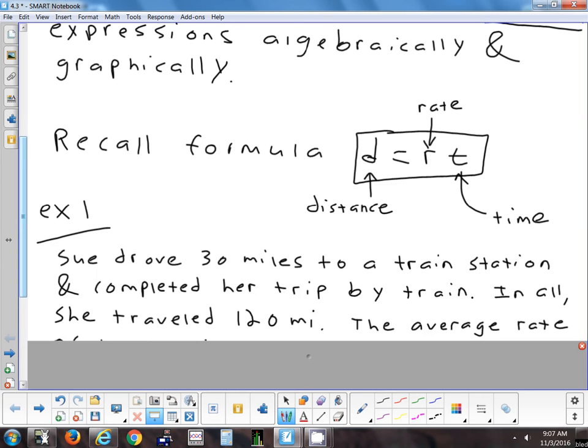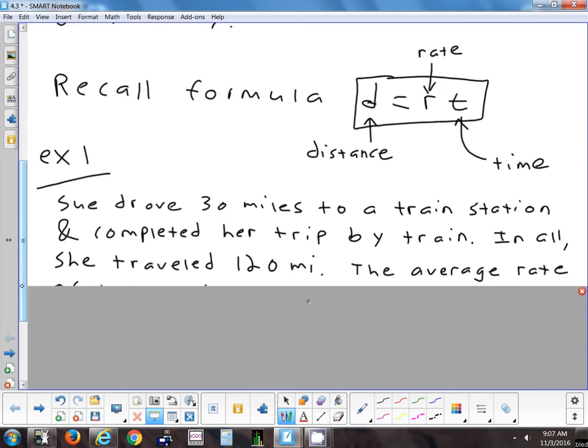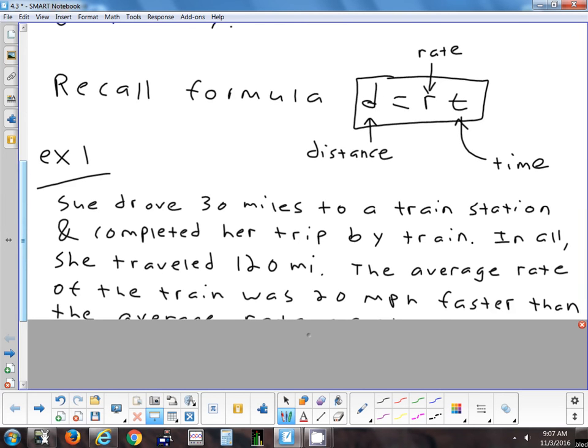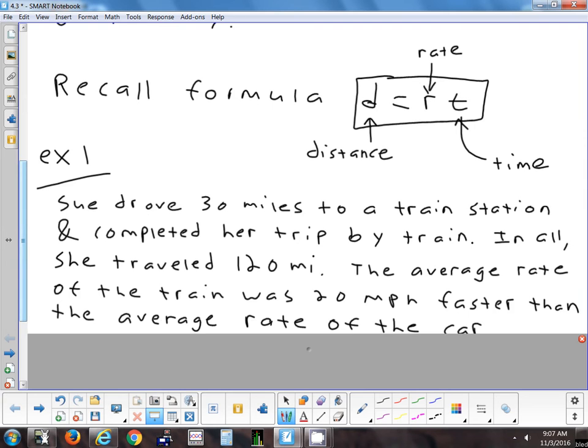We don't know how fast the train or the car is going. But what we do know is on average, the train is 20 miles per hour faster than the car.